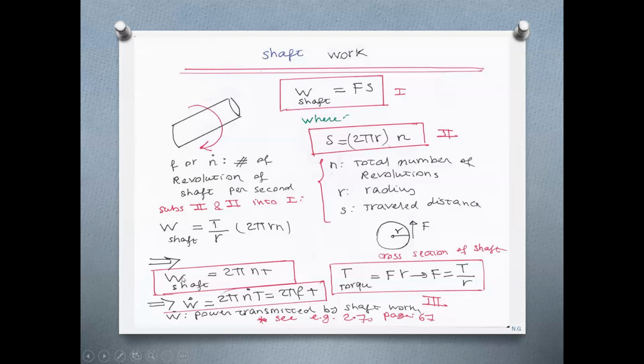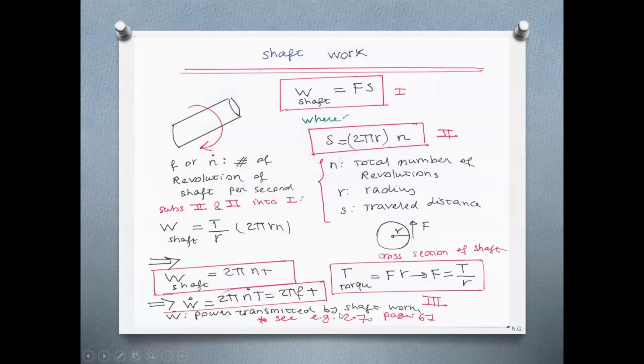The left side gives you shaft power. On the right side, 2 pi and T stay the same, and the number of revolutions divided by delta T gives revolutions per unit of time, which is N dot, also called the frequency of rotation.